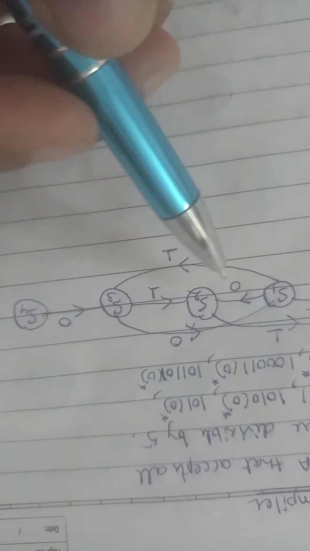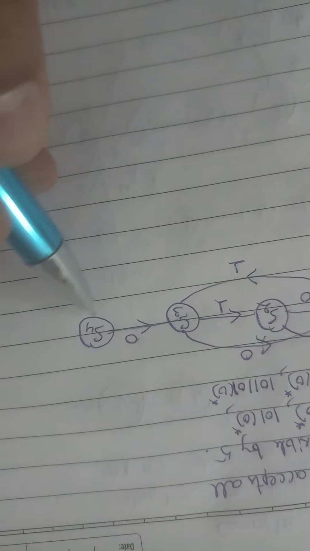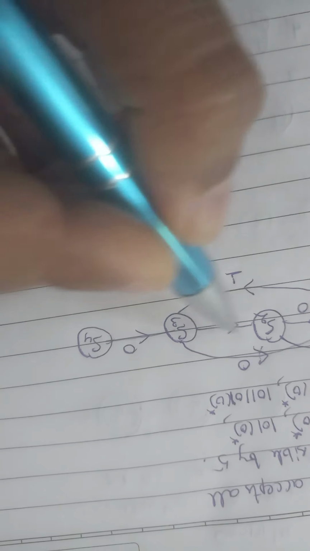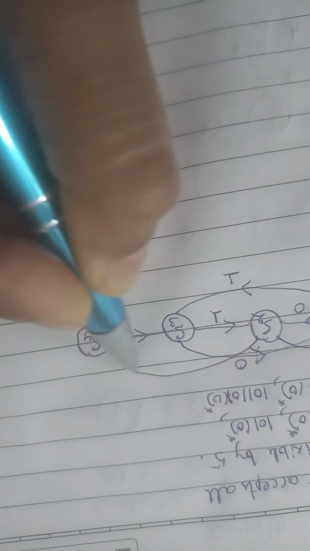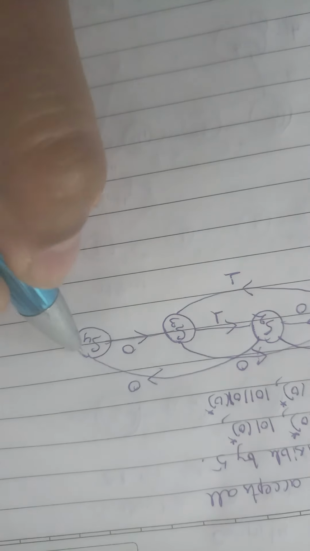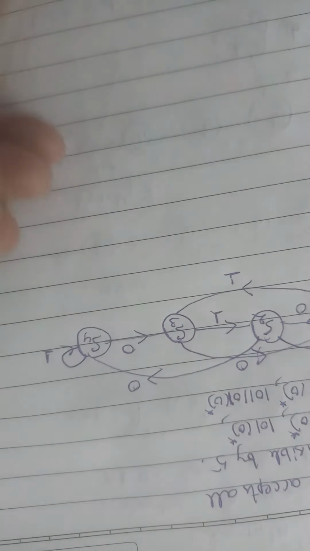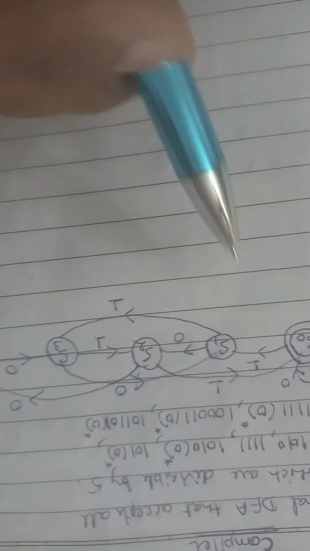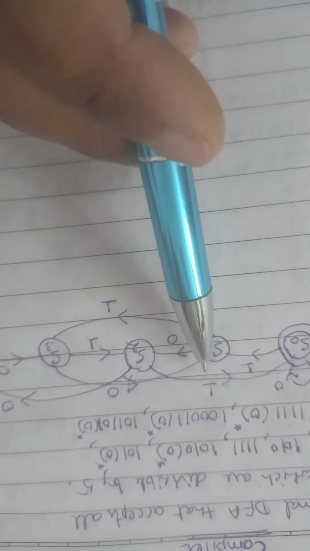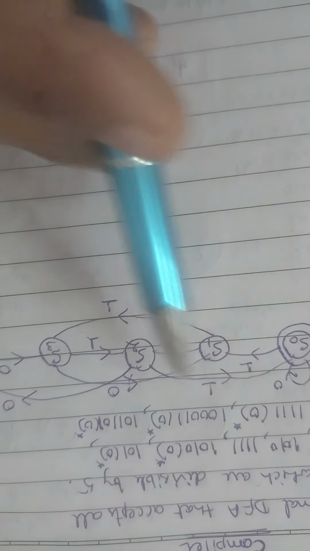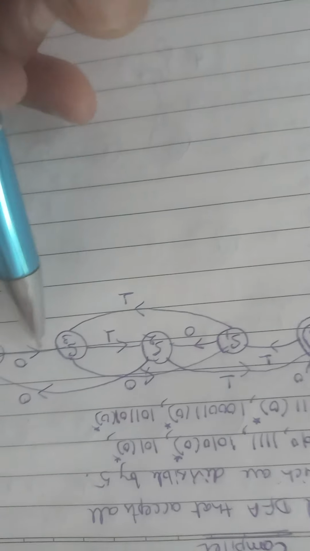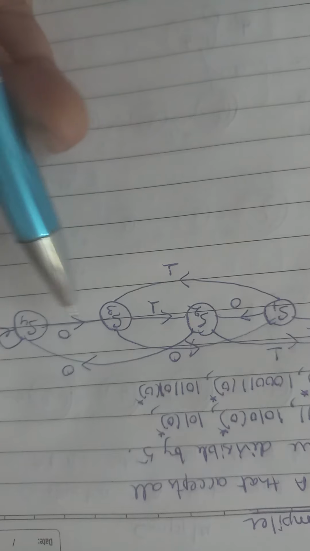And let's see S4, and we make a transition from S2 to S4 on 0, and we make a loop of 1 on S4. So from S0 on 0 and 1, from S1 on 0 and 1, from S2 on 1 and 0, from S3 on 1 and 0, from S4 on 0 and 1.